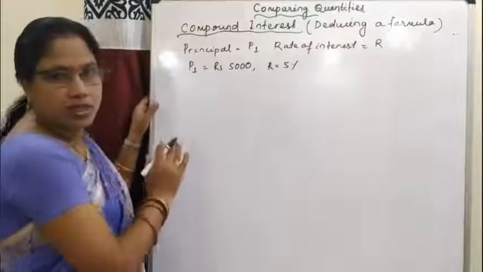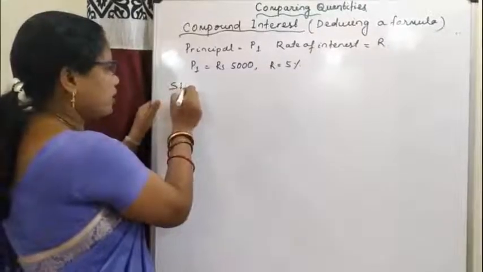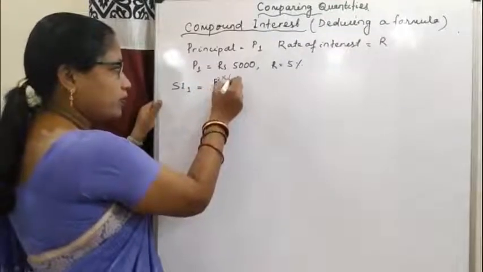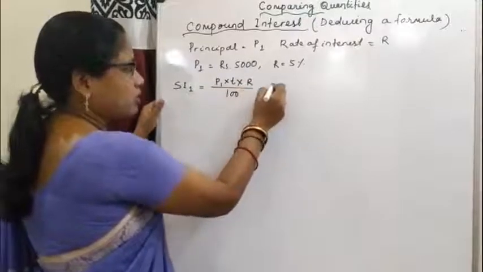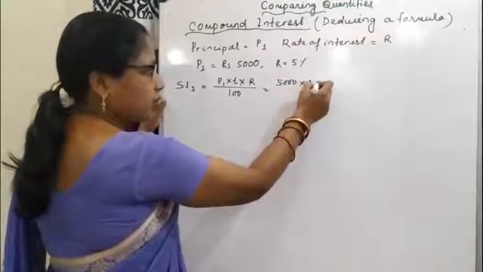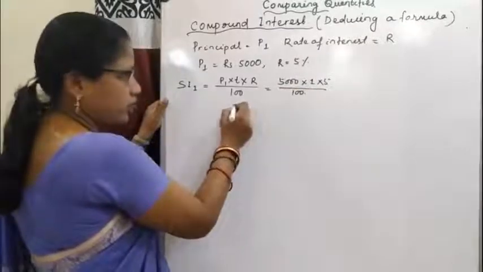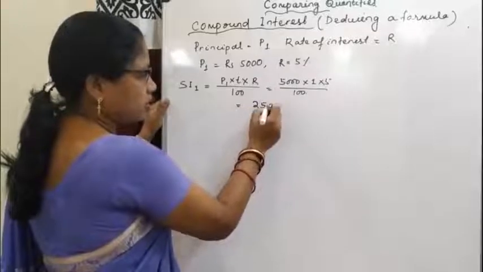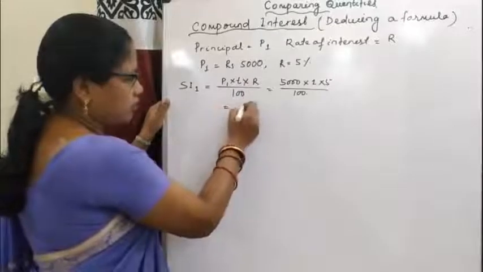In the first step, we have to find the simple interest. So, simple interest 1 is equal to P1 into T into R by 100. This is equal to 5,000 multiplied with 5 divided by 100. So, simple interest 1 is 250 rupees.